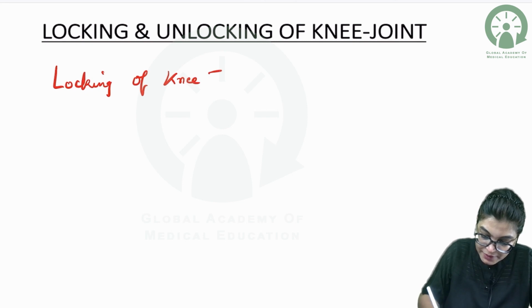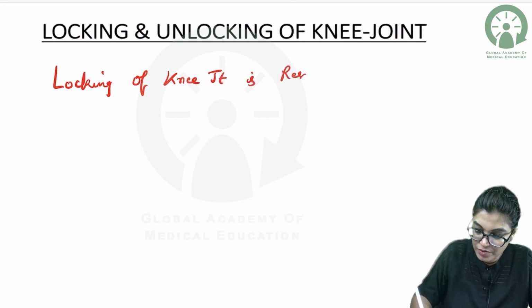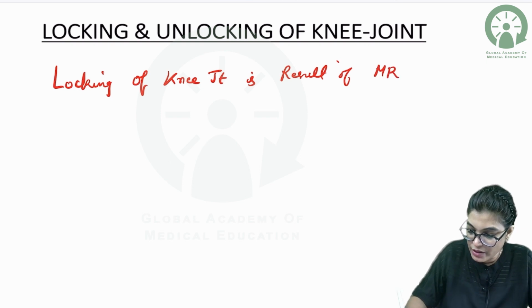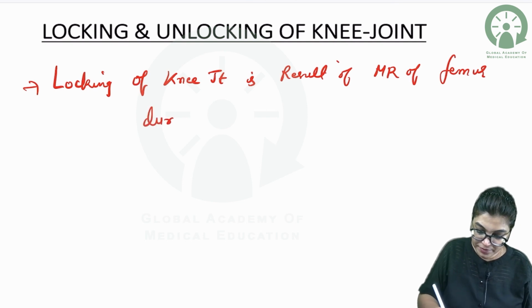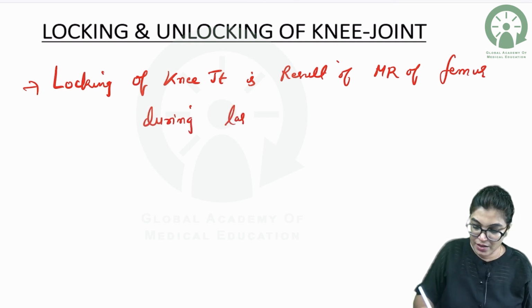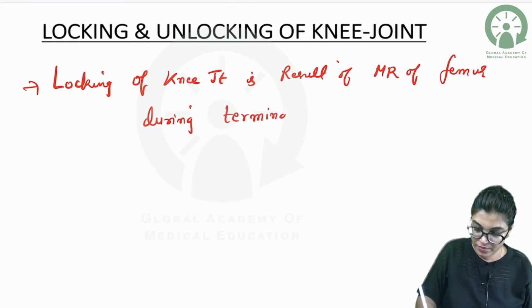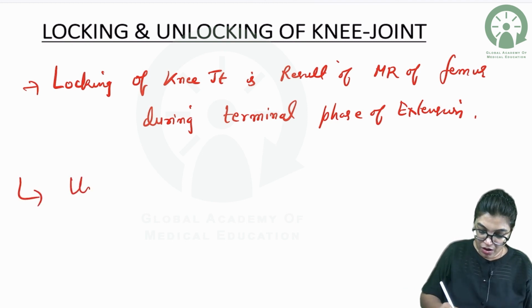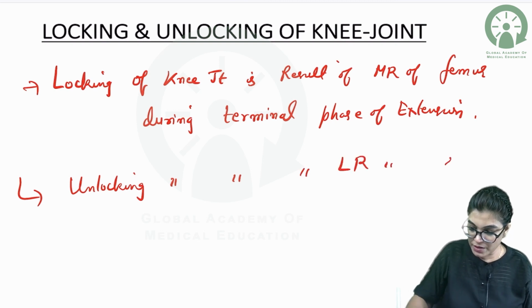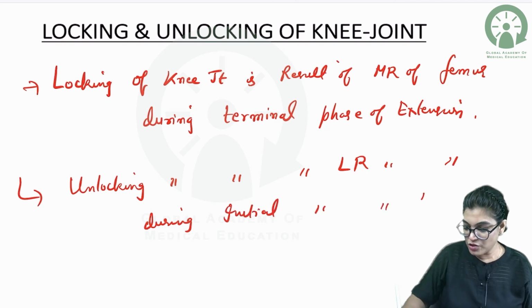Locking of the knee joint is the result of medial rotation of the femur during the terminal phase of extension of the knee. Unlocking of the knee is the result of lateral rotation of the femur during the initial phase of flexion of the knee.